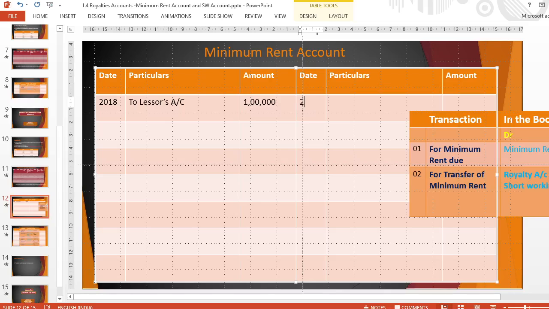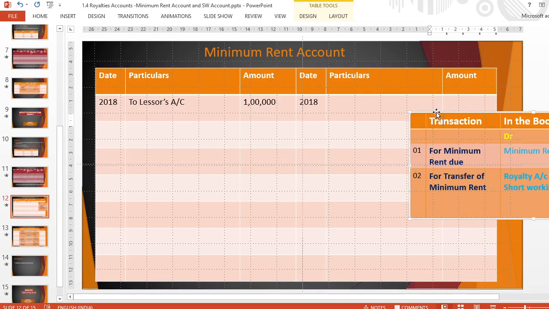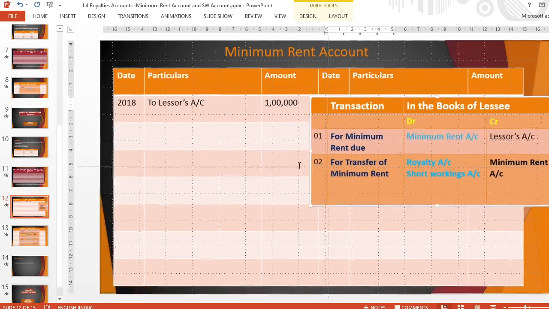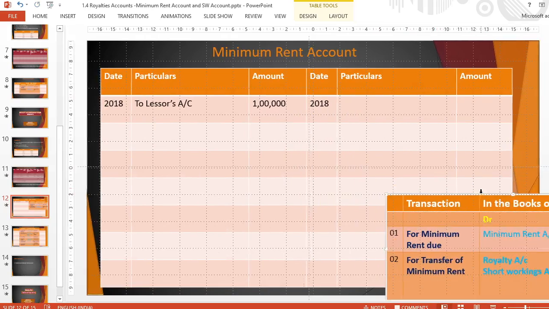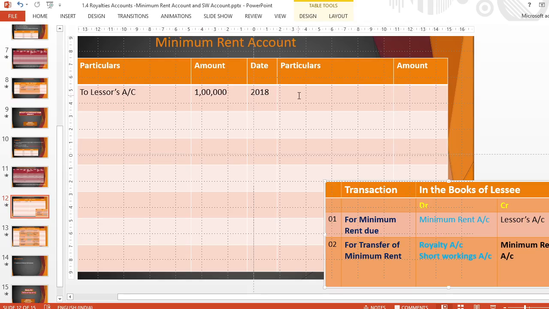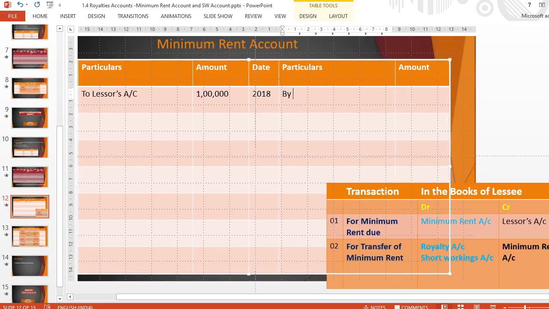And in the same year, 2018, we have one more entry to the minimum rent account, for transfer of minimum rent. We have the entry: royalty account debit, short workings account debit to minimum rent account. So we have to credit the minimum rent account: by royalty account and by short working account.